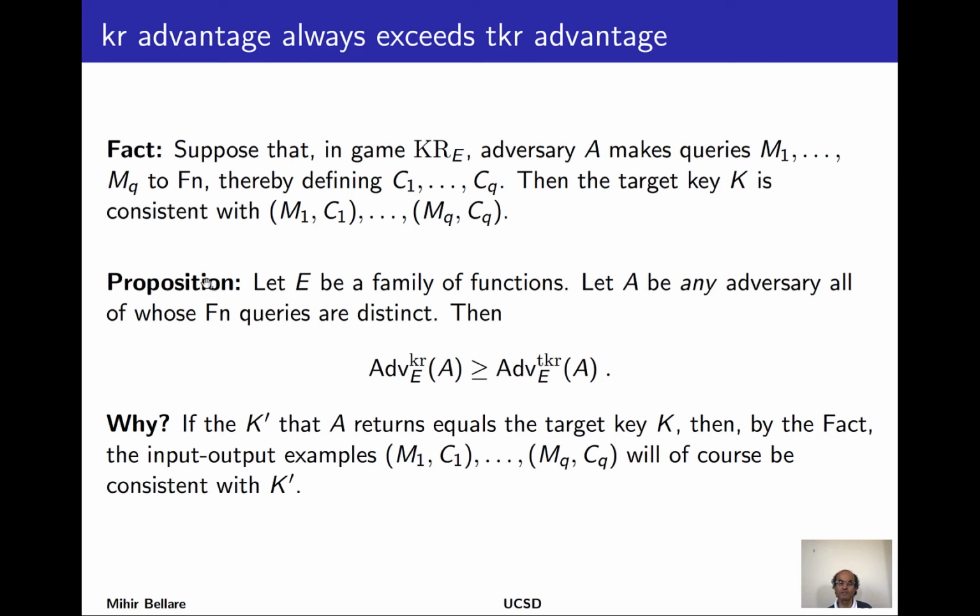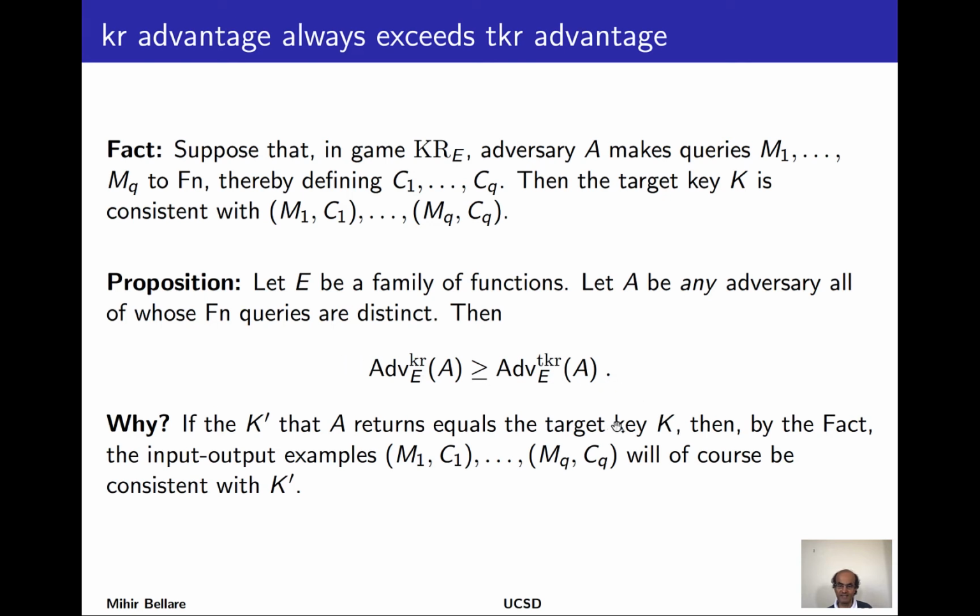That is what the proposition says. Your chance of winning the KR game is at least as large as your chance of winning the target key recovery game. Why is that? Effectively due to this fact. Consider what key the adversary returns. There are two choices. Maybe it equals the target key, in which case it wins both games.